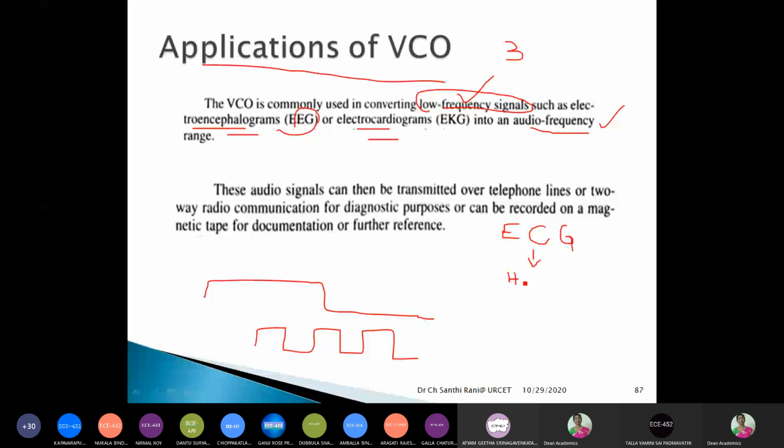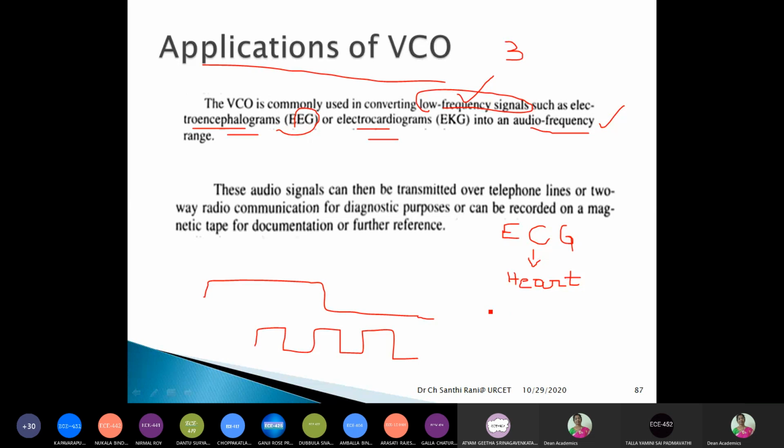If a patient goes to a doctor, a cardiologist, they will record the electrocardiogram, that is, the electrical activity of that patient's heart. So how do they extract this electrical activity?